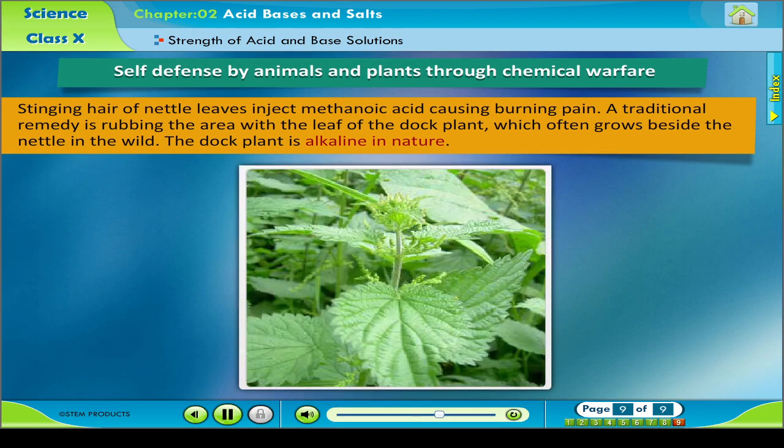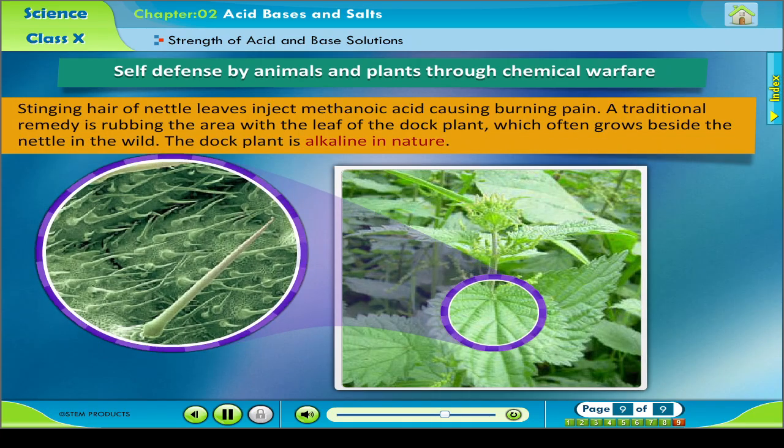Stinging hair of nettle leaves inject methanoic acid, causing burning pain. A traditional remedy is rubbing the area with the leaf of the dock plant, which often grows beside the nettle in the wild. The dock plant is alkaline in nature.